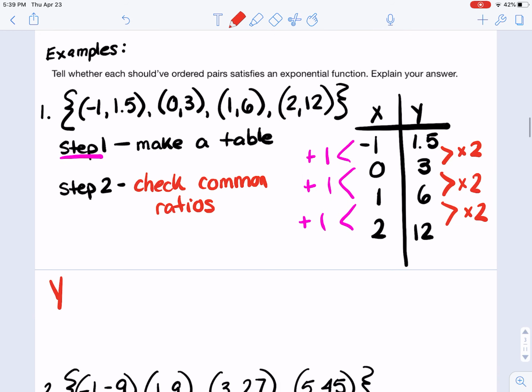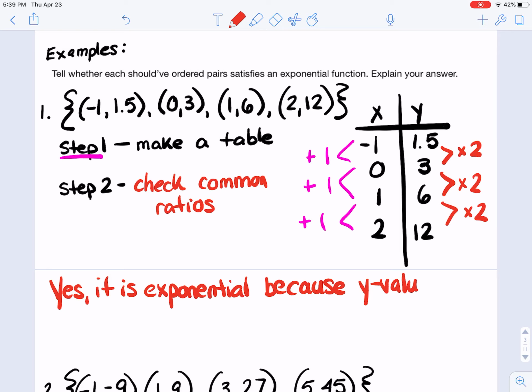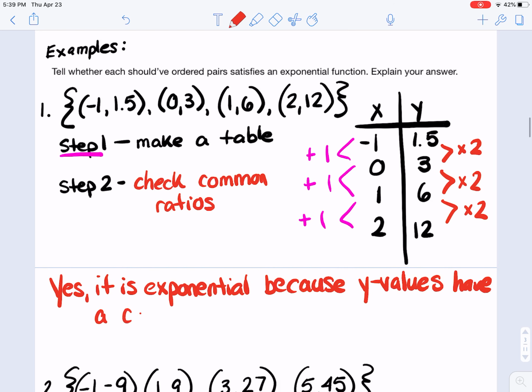So my answer is yes, it is exponential. And your reason, if you had to explain your answer, is because the y values have a common ratio.